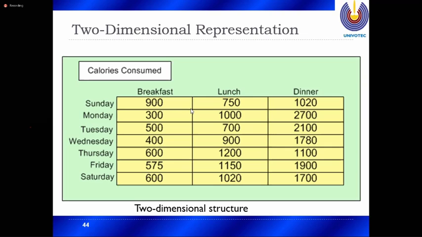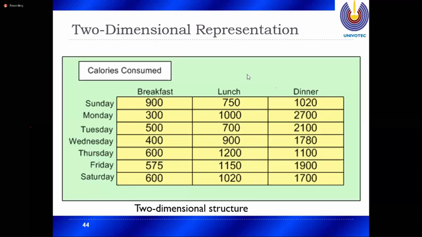Manufacturing companies want to keep the number of workers for every day, so they need a two-dimensional array, as one dimension is not enough. Sunday, Monday, Tuesday, up to 7 days, with 3 meals.